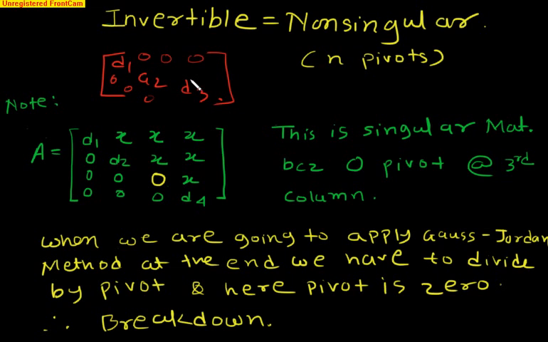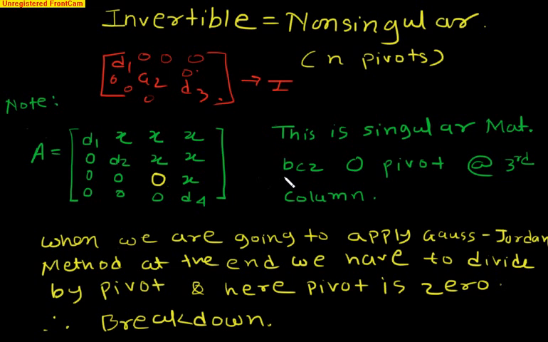Our aim is to make an identity matrix. For that we will divide row 1 by d1, row 2 by d2, row 3 by d3. Then we will get the identity matrix. But in this matrix, we would have to divide by 0, which is not possible. Division by 0 is not possible.